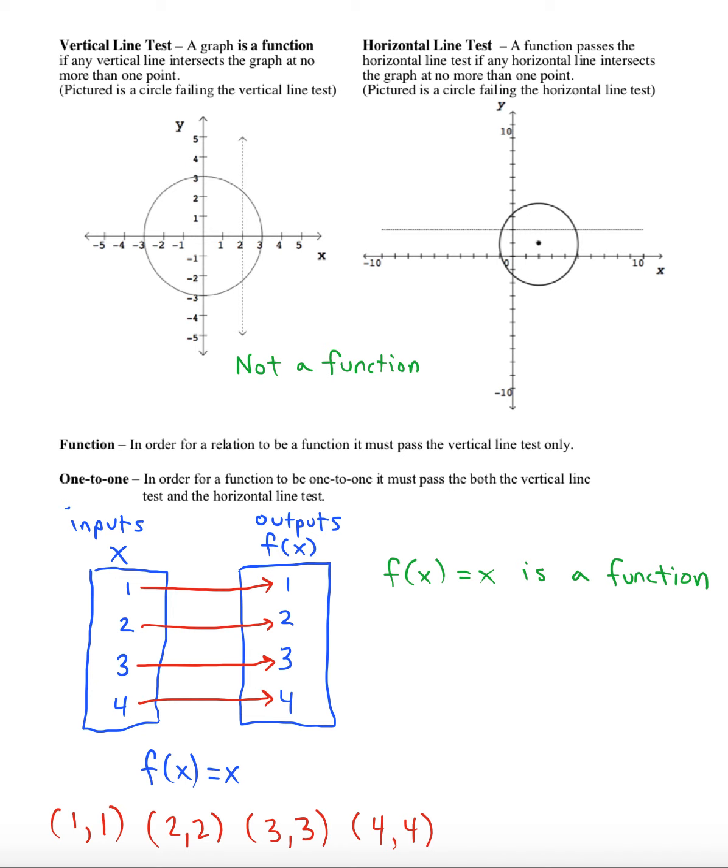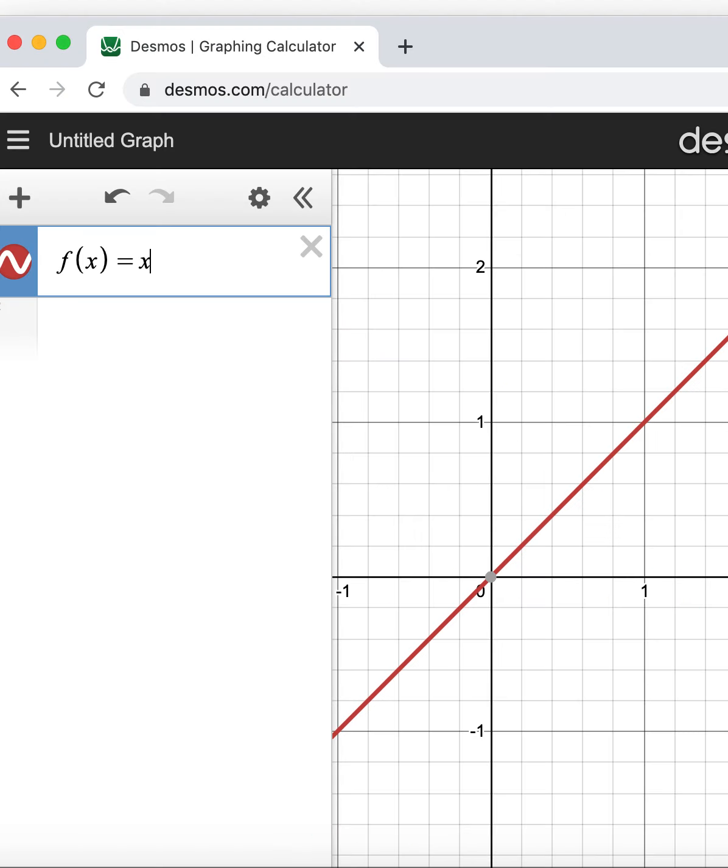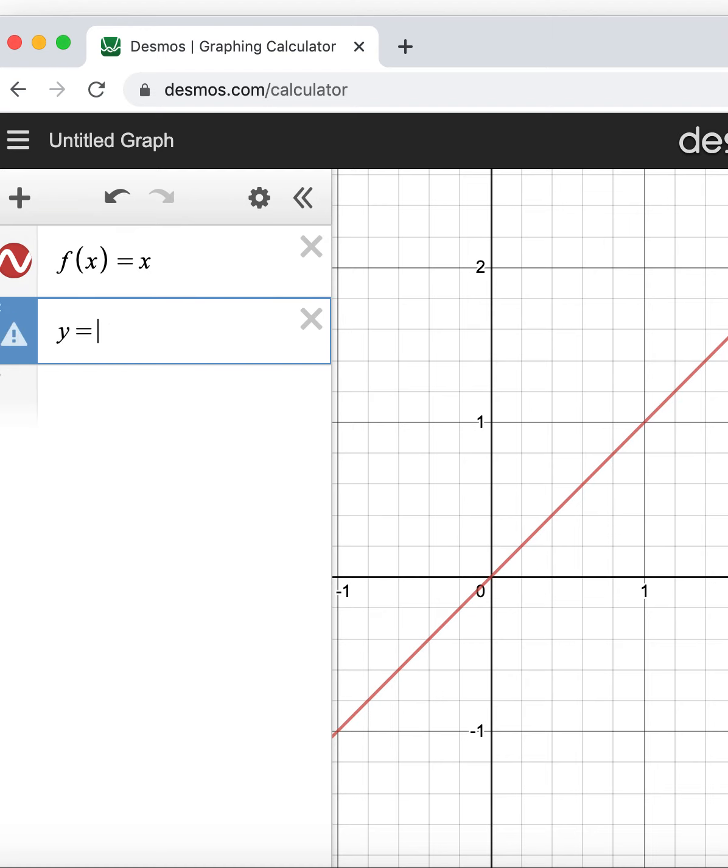And we can also perform what is called the horizontal line test. Let's try a horizontal line test on our function f of x equals x. In order to do a horizontal line test, we just need to type y equals some number. It could be any number of our choice.